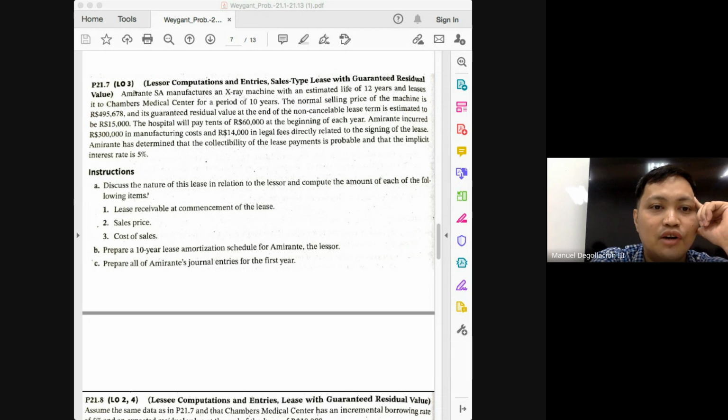So the balance of your lease receivable at the end of the first year would be 435,678 plus 21,784. How much is that, class? 457,462. And that will be the answer to the question for year 1 ending balance for lease receivable: 457,462.